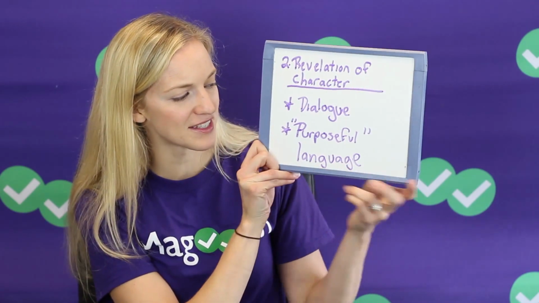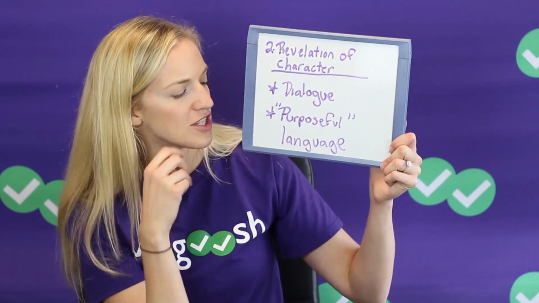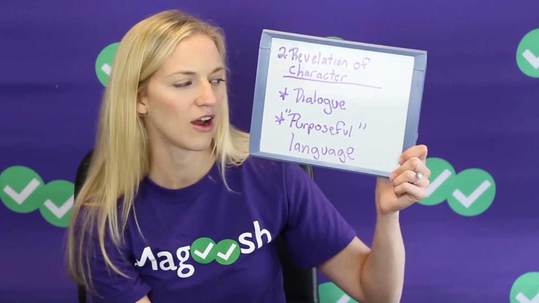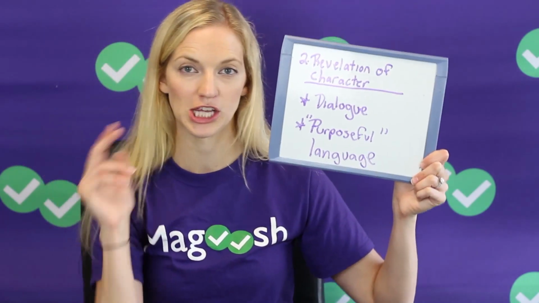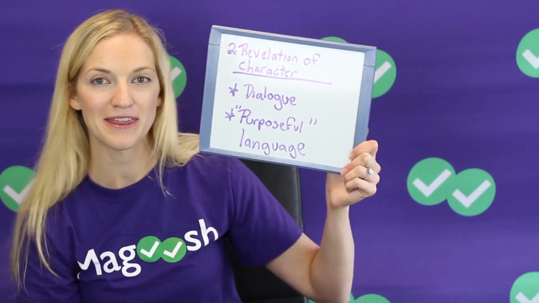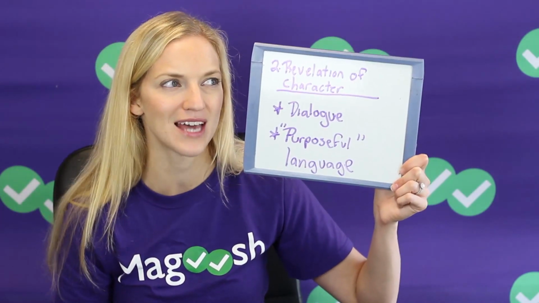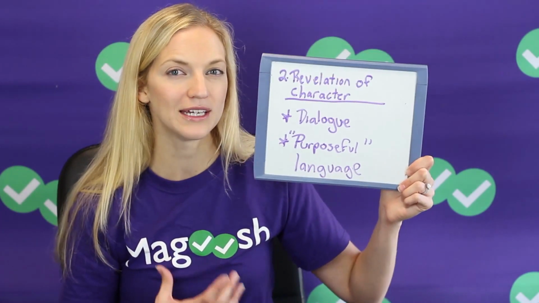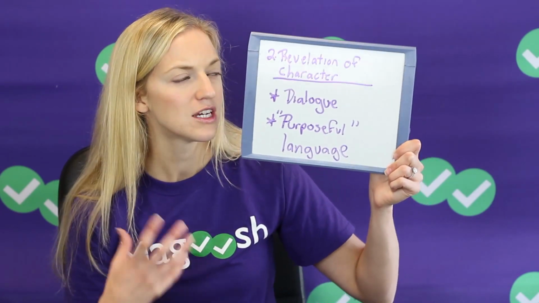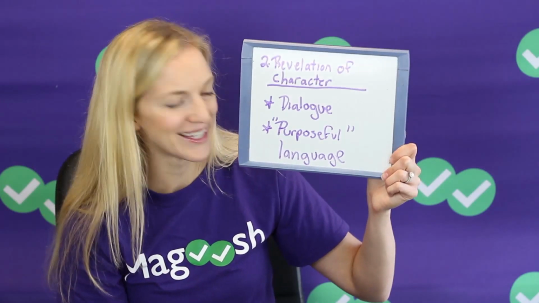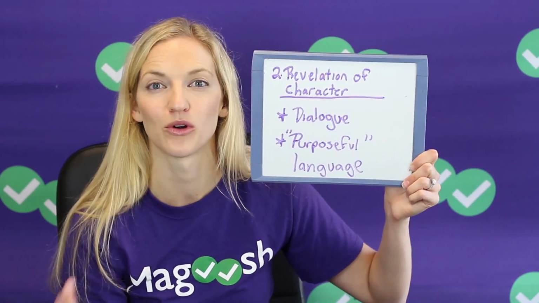The second thing, and this is kind of my trick for really understanding tone and also character, is looking for what I call the purposeful language in the text. What I mean by that is the language that you can tell the author is using really intentionally. So it's not just a vague word, it's a really purposefully chosen adjective or adverb or verb.